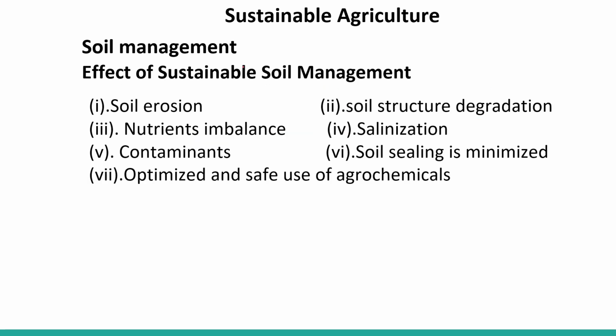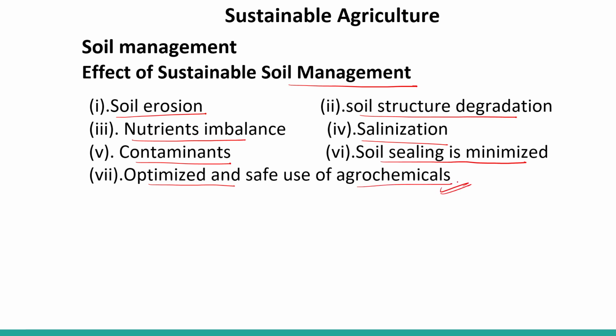So soil management: the effect of sustainable soil management. What are the effects? Soil erosion is controlled, soil structure degradation is handled, nutrient imbalance is handled, salinization, contaminants and soil sealing are minimized, and there is optimized and safe use of agrochemicals.